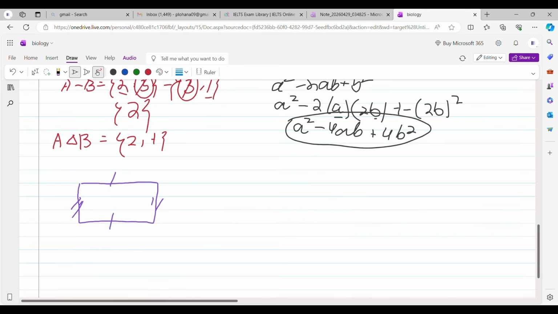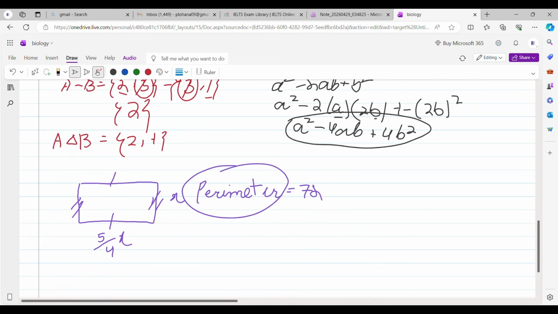They are saying the height of it is something, and the base is 5/4 of this something, of this x, right? Then they have given us the perimeter as well, 72 centimeter, and they are asking us to find these dimensions basically. This is a very simple question. With the help of the perimeter formula you can definitely find the dimensions, right?